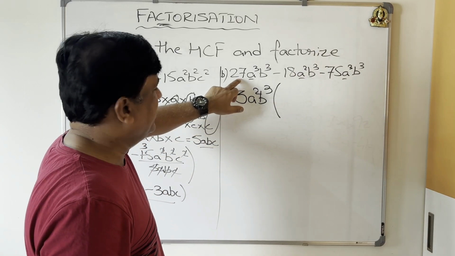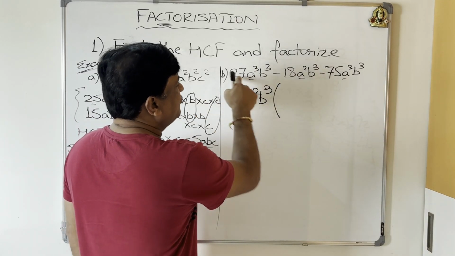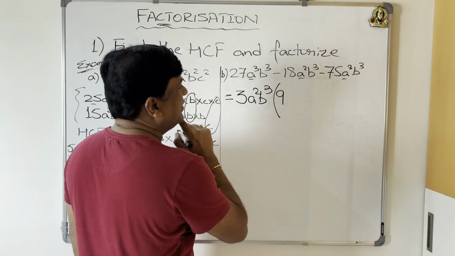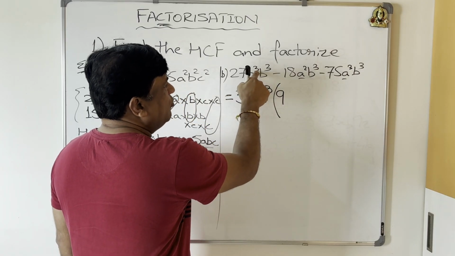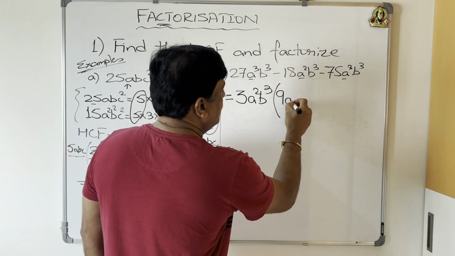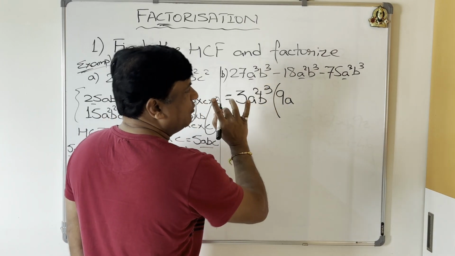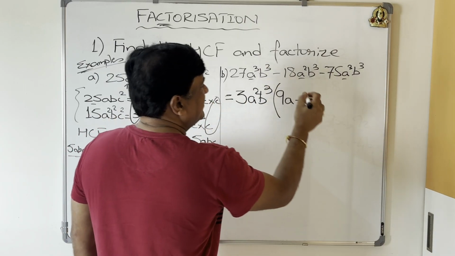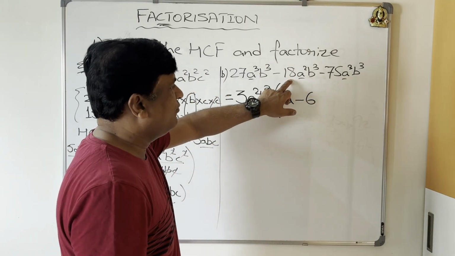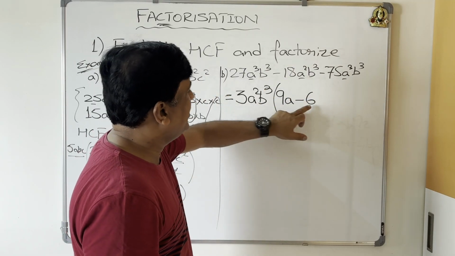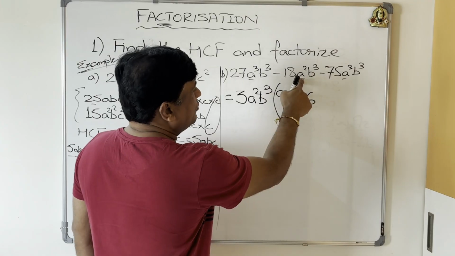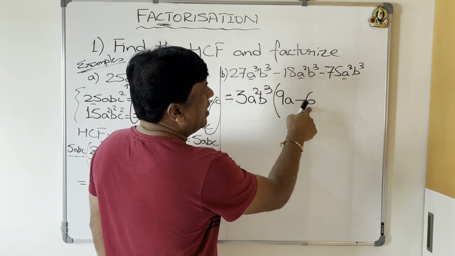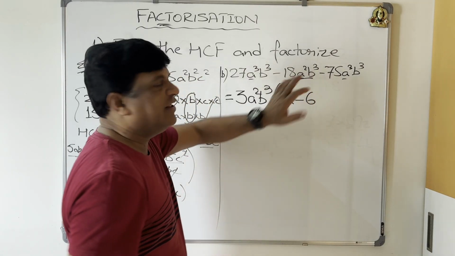What is left over here? So you took a 3 out, so you are left with a 9 over here, right? You took A square out over here, so you are left with the A over here. B cube, you have taken it out, nothing is left. Now, 3 6 is 18, you took 3 out from here, 6 is remaining, 3 into 6 should be 18. You took A square out and B cube out, so there is nothing left over here in the variable.